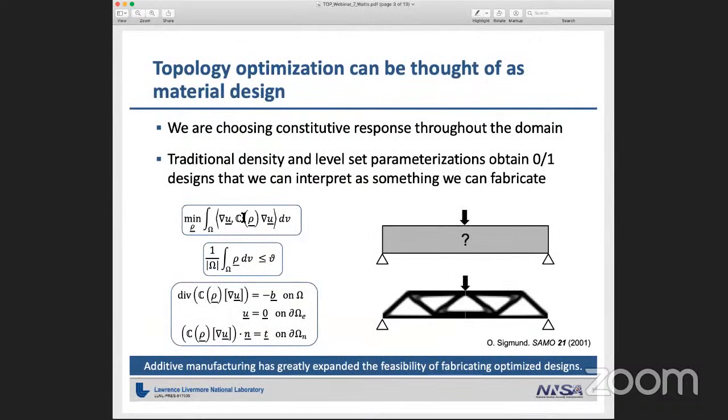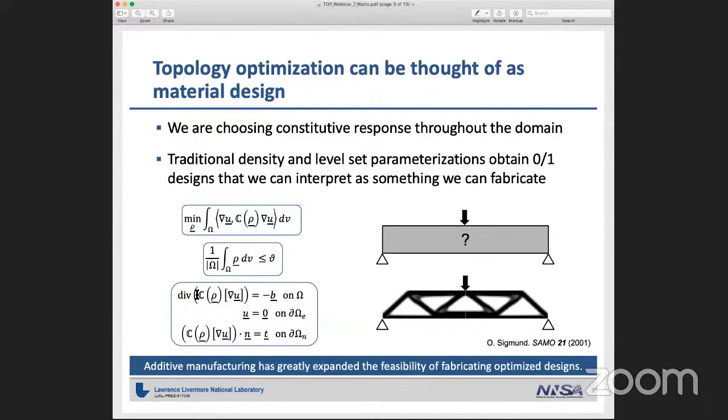So I'm sure everyone here is very familiar with topology optimization. I'll just mention that you can also interpret topology optimization as, rather than a solid void type of design, a material design. So we're actually choosing or assigning the constitutive response throughout the design domain.